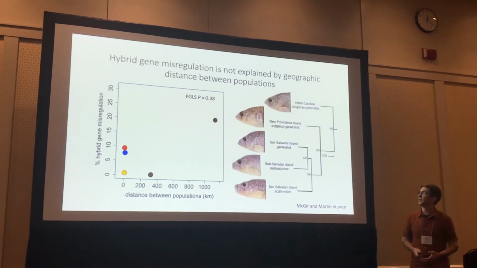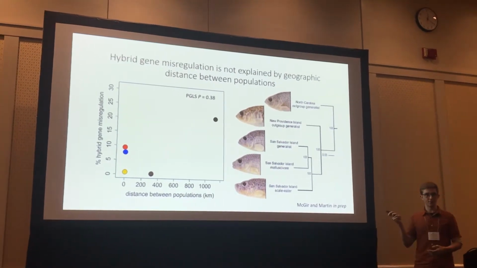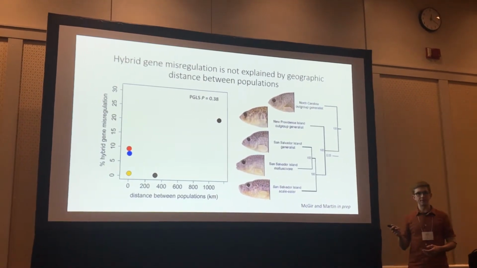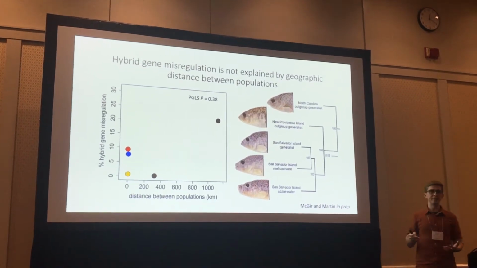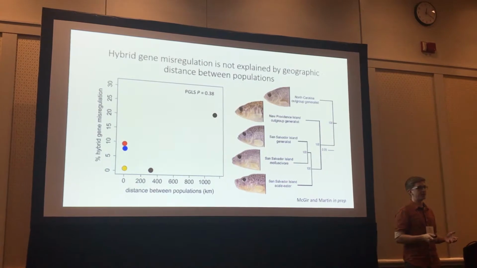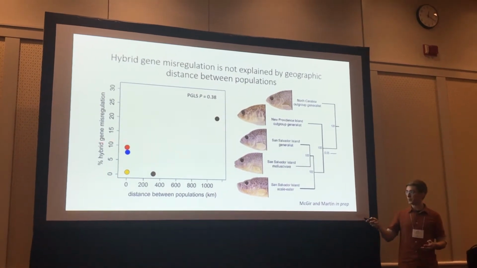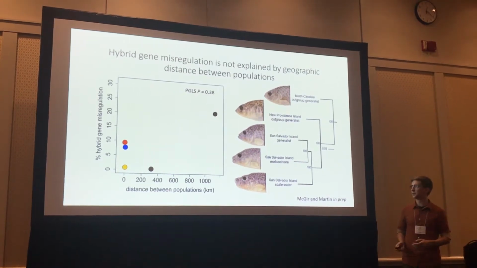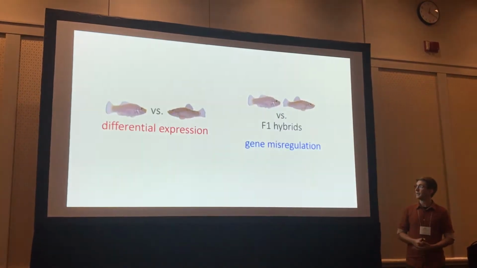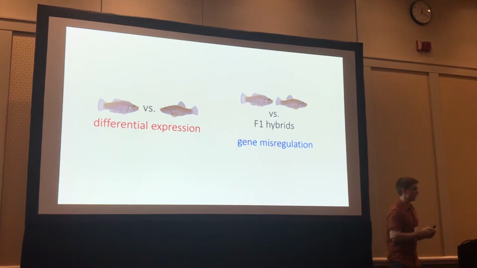And a point I want to make here is that if we use branch lengths from that tree I showed you and do a phylogenetic least squares, it doesn't look like hybrid gene misregulation is explained by geographic distance between populations. So in other words, this misregulation here is much higher than we would expect given phylogenetic relationships between these sympatric populations.